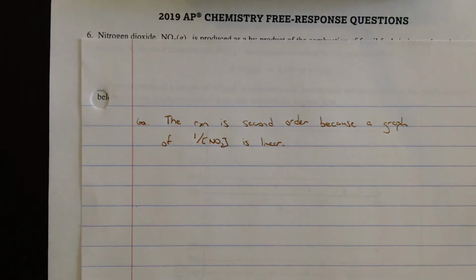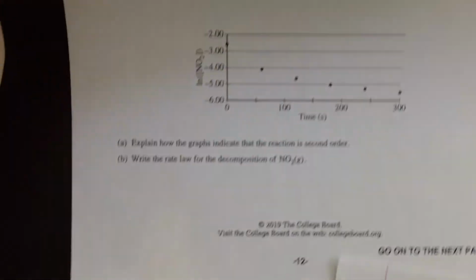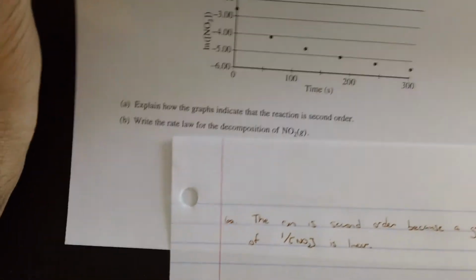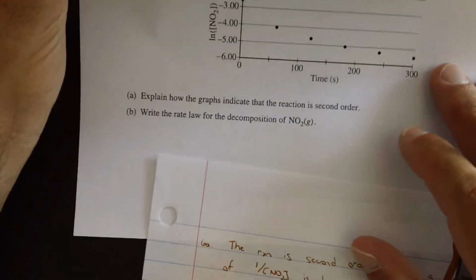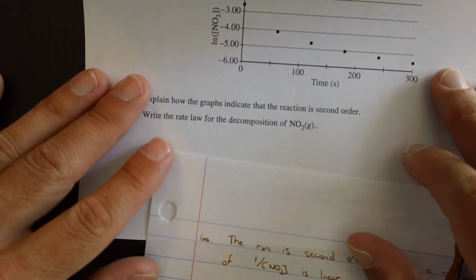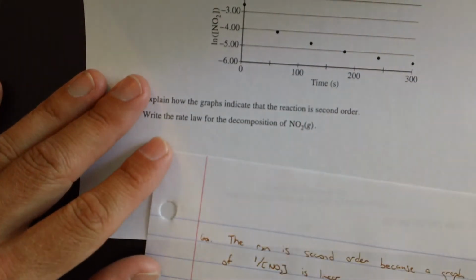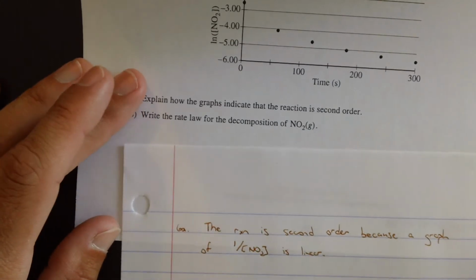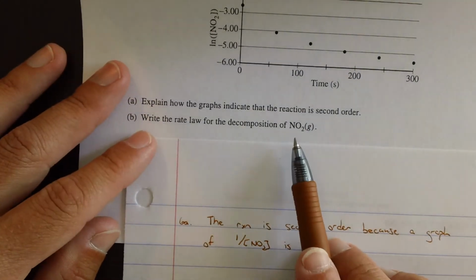Good. Then part B comes back and says, okay, we'll write the rate law then for the decomposition of NO2. Remember, when we're doing concentrations versus times, it's integrated rate law, which means we're only dealing with one reactant at a time.